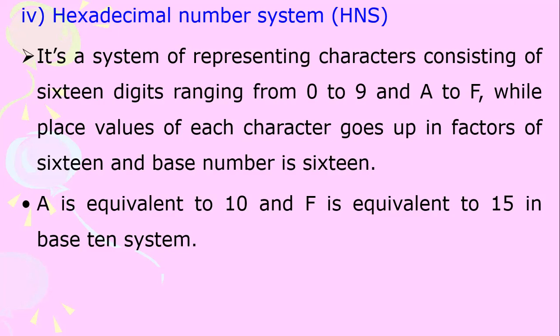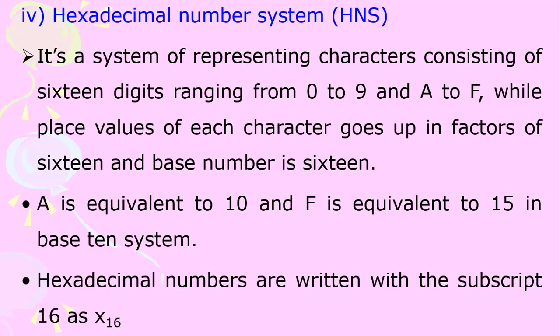This therefore informs you that 11 is equivalent to B, 12 is equivalent to C, 13 is equivalent to D, 14 is equivalent to E, and 15 is equivalent to F. Hexadecimal numbers are written with the subscript 16, as in X to base 16.